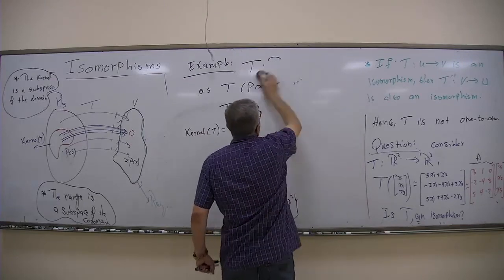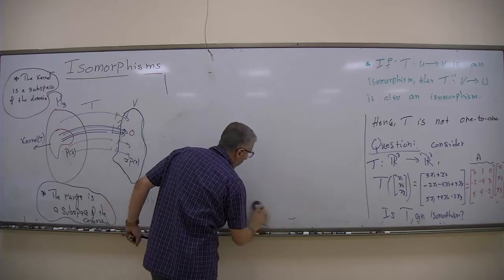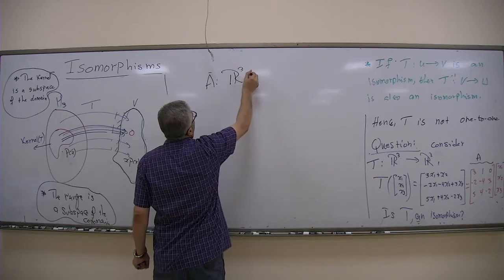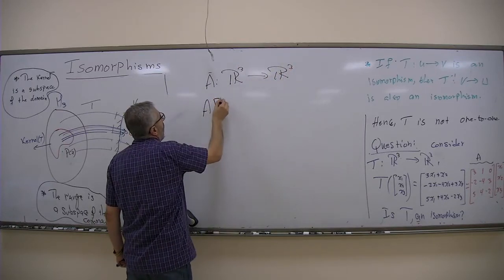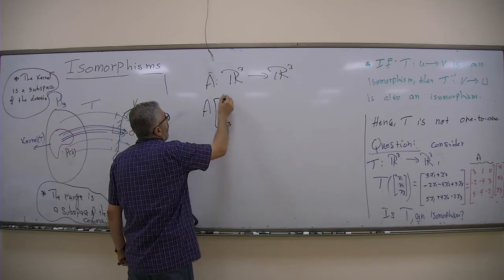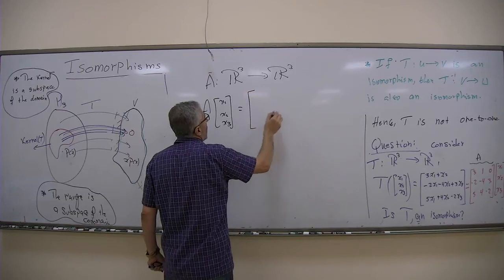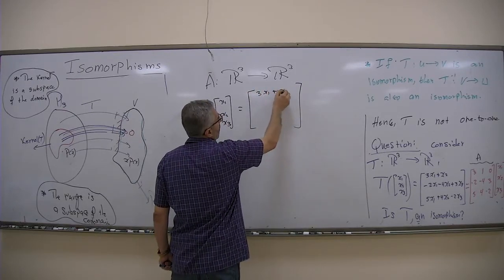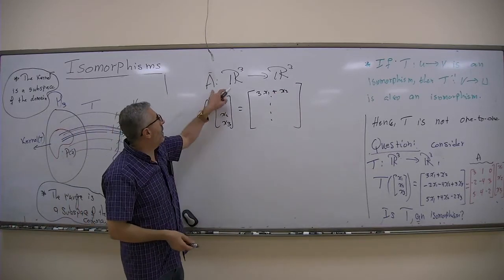Remember, we said every matrix is a linear transformation. So here, this is A from R3 to R3. A takes (x1, x2, x3) and gives you that vector. So basically we are talking about a matrix transformation.